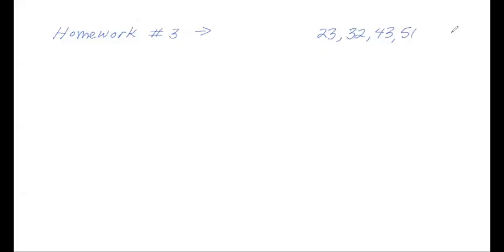Number 23 says, the Earth has a radius of 6,380 kilometers, R equals 6,380 kilometers, and turns around once on its axis in 24 hours, so T equals 24 hours. What is the radial acceleration of an object on the Earth's equator?